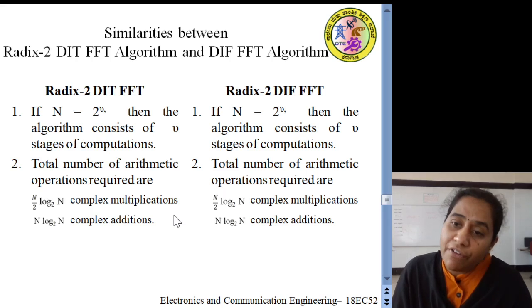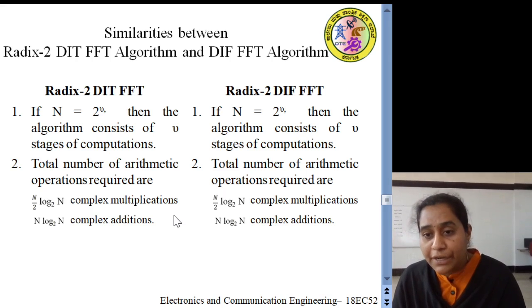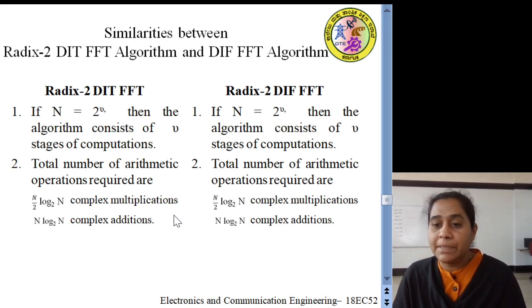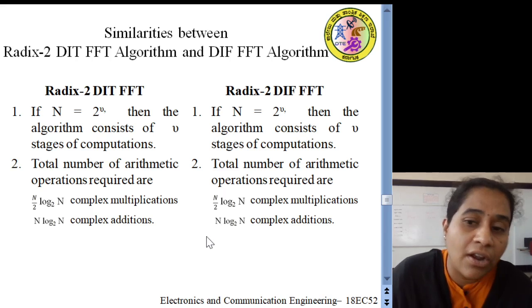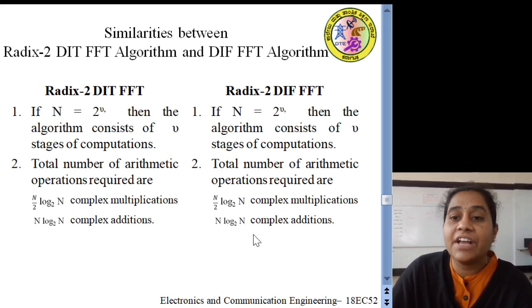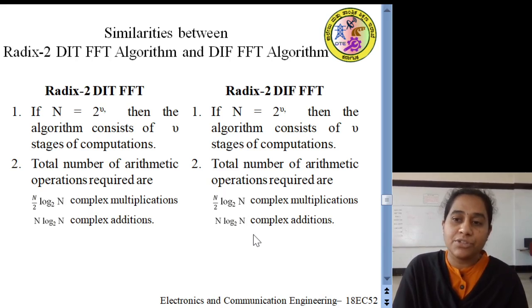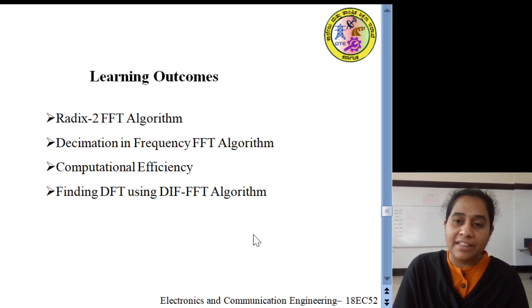Similarly, the DIF FFT algorithm has the same arithmetic operations, that is (N/2) log2 N complex multiplications as well as N log2 N complex additions. So these are the main similarities between the radix-2 DIT FFT algorithm and the radix-2 DIF FFT algorithm.